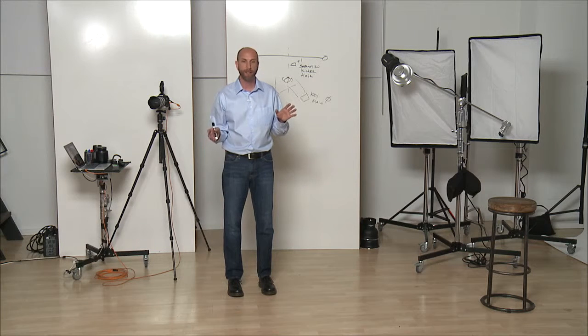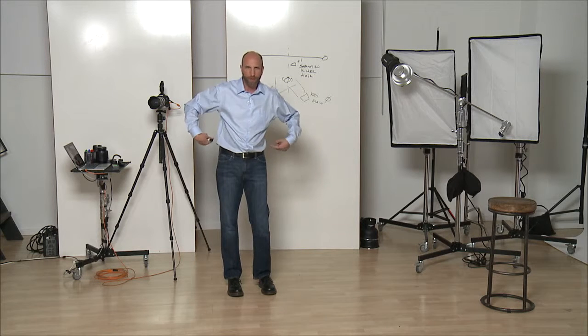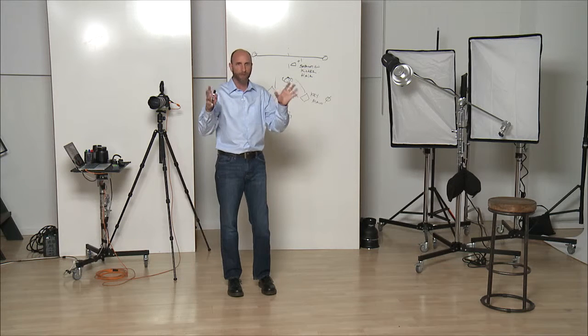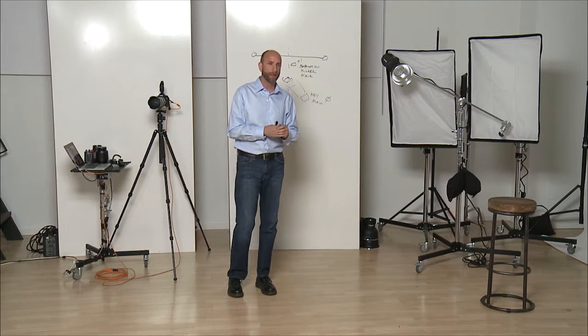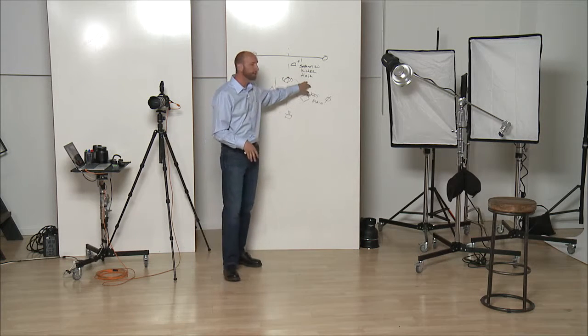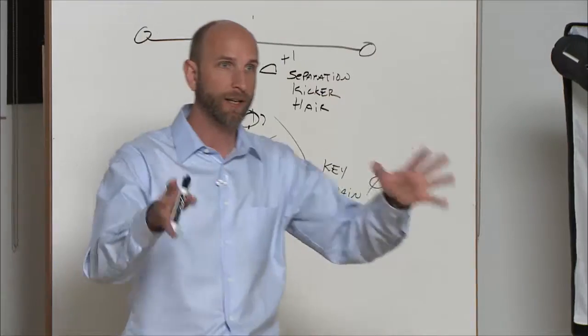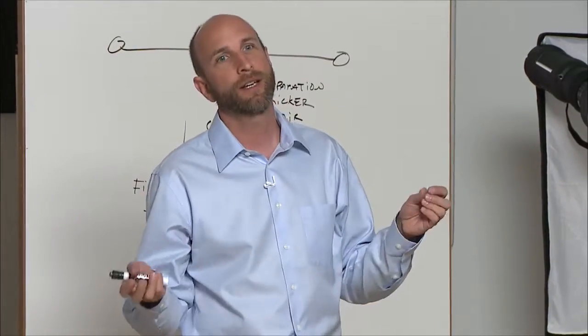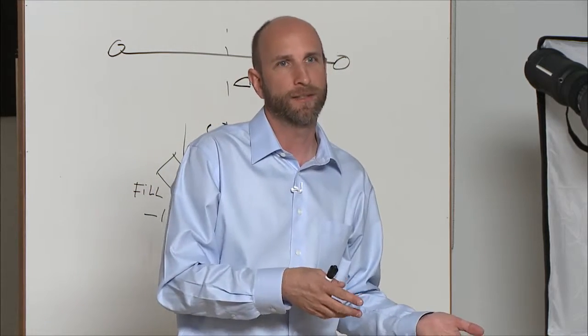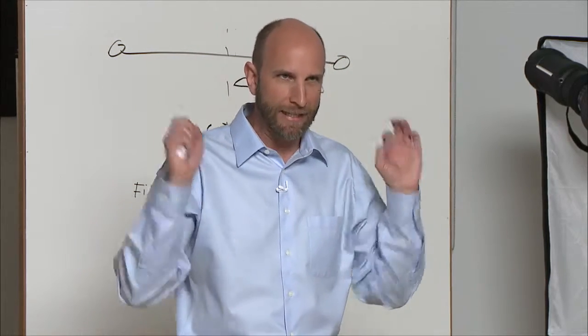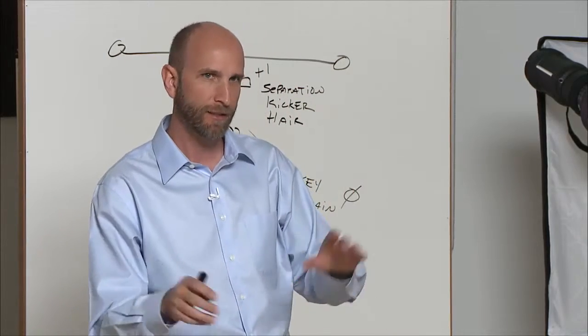If I'm doing a glamour setup and I'm trying to illuminate the shape of whoever I'm shooting and make them look a little bit glowy, I usually call that a kicker light. If I'm doing a basic Olin Mills type portrait and I'm illuminating the hair to sort of give it a glow, I usually call that a hair light. So usually if it's a blonde model, it's a hair light, and if it's a brunette model, it's a separation light, even though they're the exact same light. They're doing 2 different things.